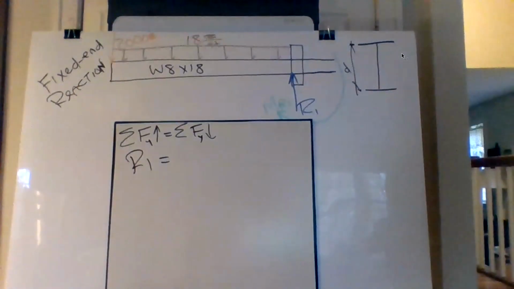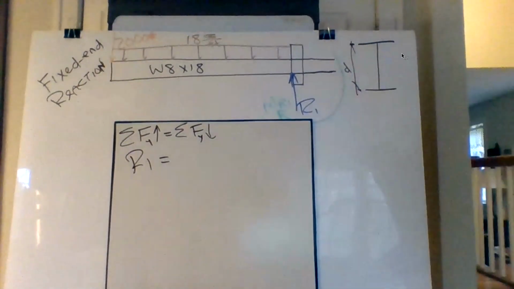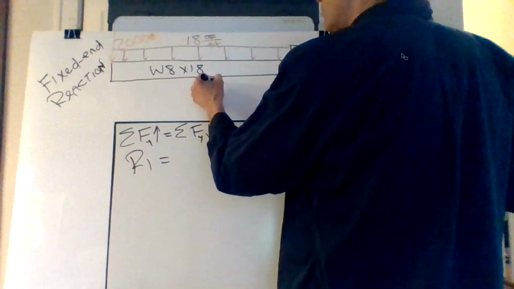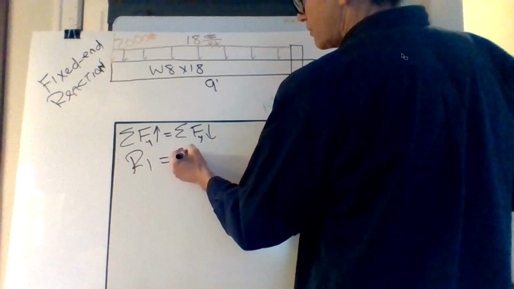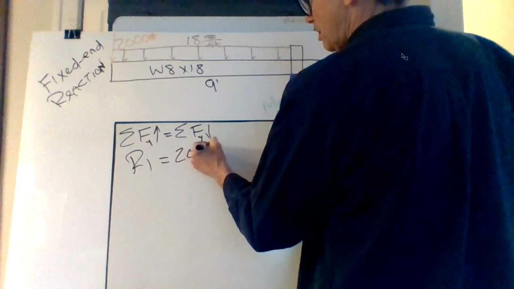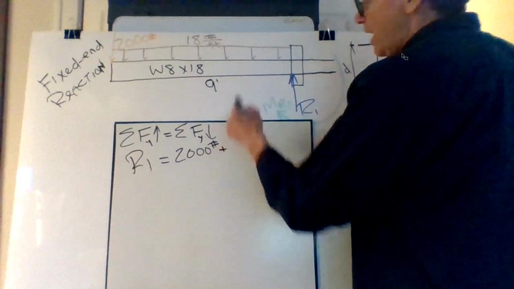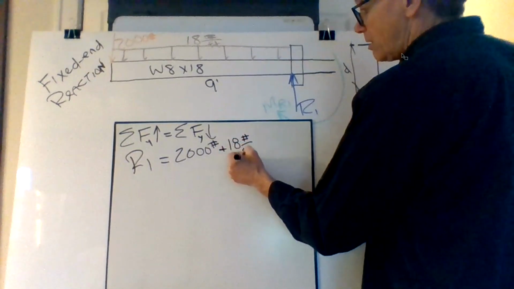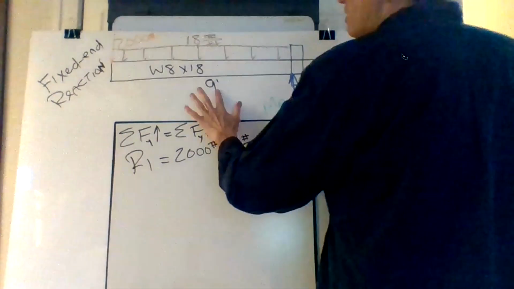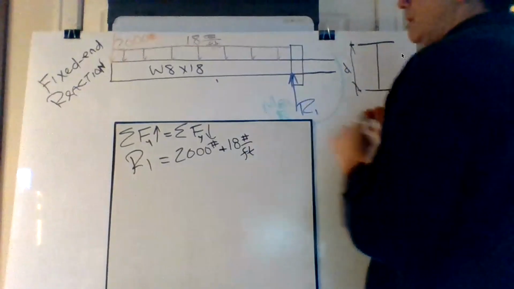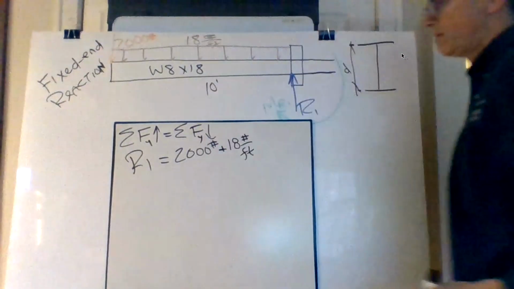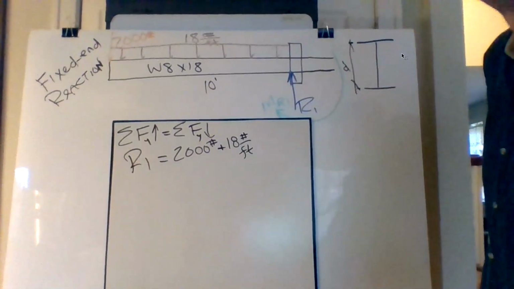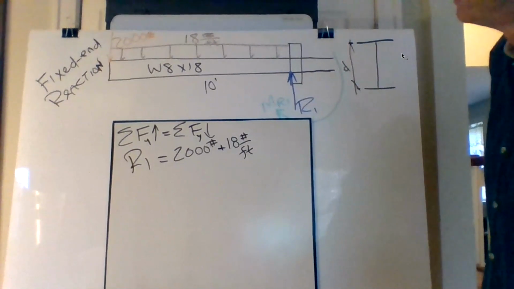What are the forces acting down? 2,000 pounds and the 18. Yeah, but it's 18 pounds per foot. Let's say that this is 10 feet. Makes it easier. I like easy math, okay? So it's a 10-foot long beam.